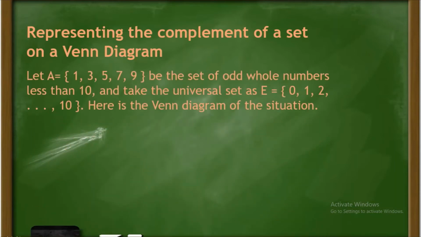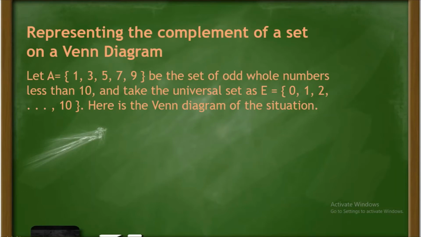Okay, example, let set A be equal to the elements 1, 3, 5, 7, and 9, the set of odd whole numbers less than 10. And take the universal set as E is equal to 0, 1, 2, and so on, up to 10. Okay, here is the Venn diagram of the situation.